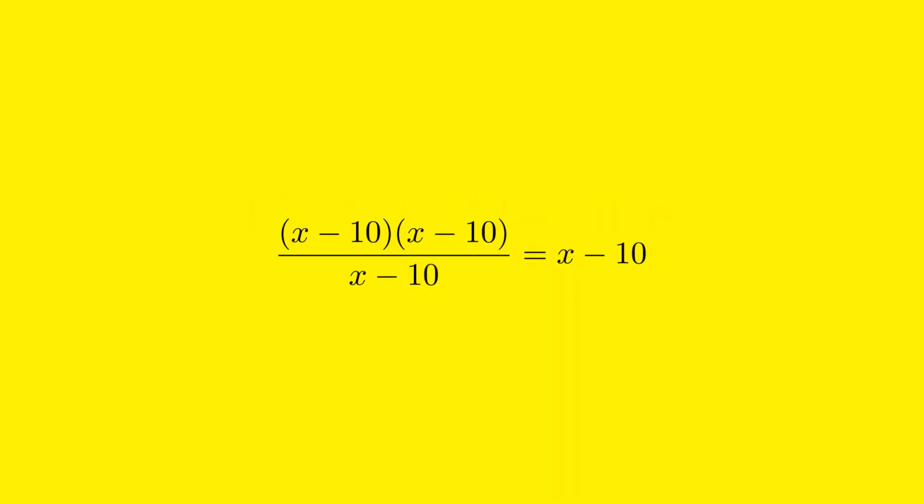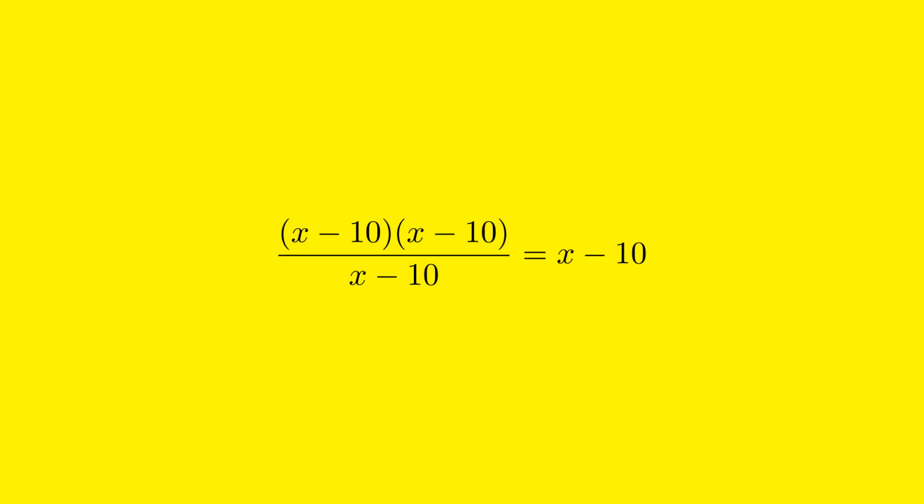Step 2 in solving the problem of reducing the rational expression x squared minus 20x plus 100 over x minus 10 to its lowest terms involves simplifying the expression by canceling out common factors. Once we have rewritten the original fraction with its factored numerator, we identified that both the numerator and the denominator have a common factor.